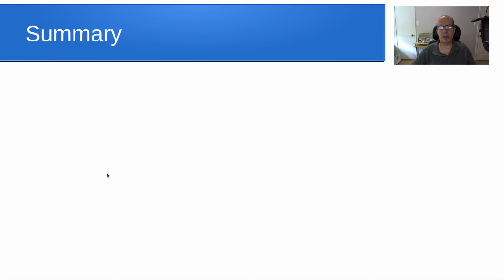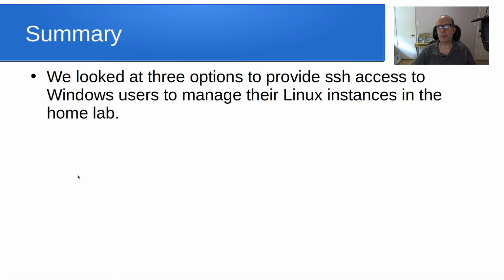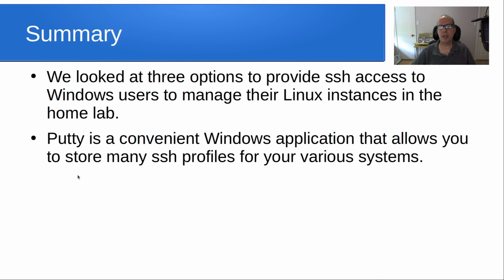192.168.31.44. So in summary, we looked at three options to provide SSH access to Windows users to manage their Linux instances in their home labs. Putty is a convenient Windows application that allows you to store many SSH profiles for your various systems.